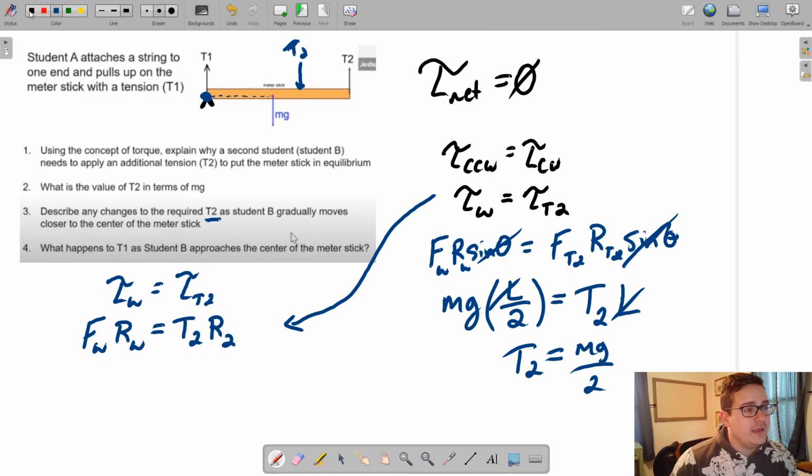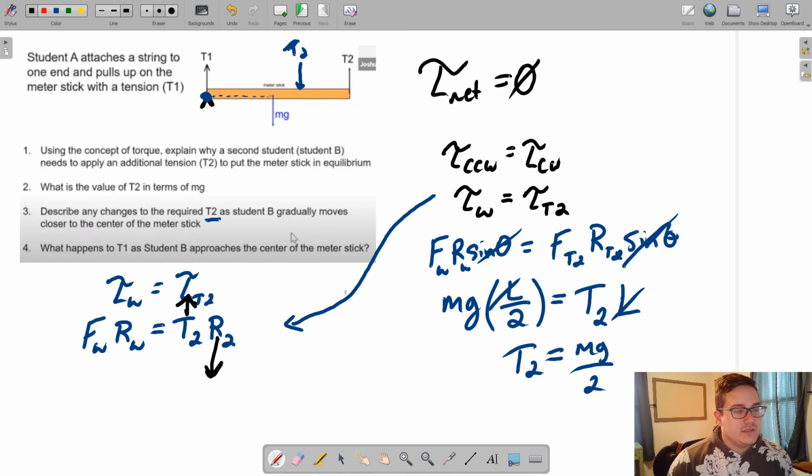Now, if we decrease the radius from T2 from T1, then we're going to have to increase the tension on the string or however they're pulling up. And so as radius decreases, tension increases because the torque provided from weight will not change.